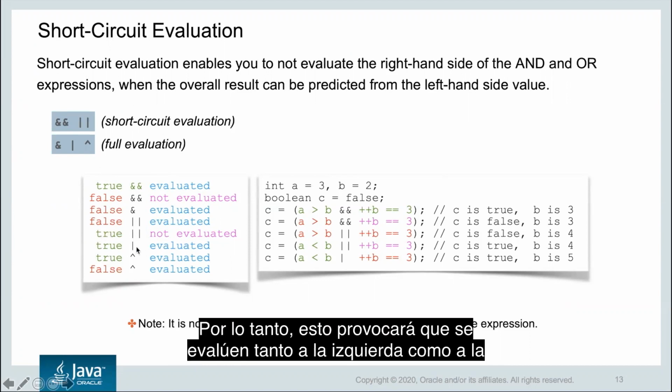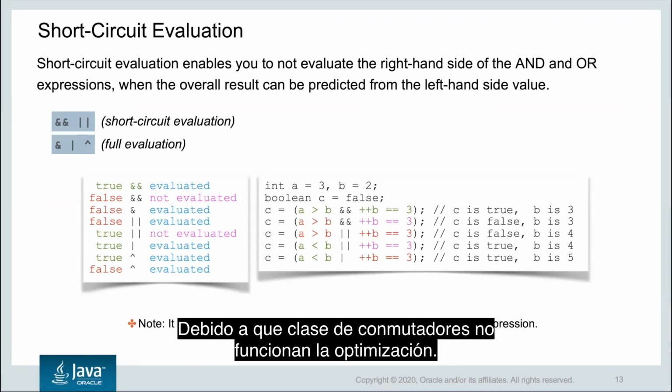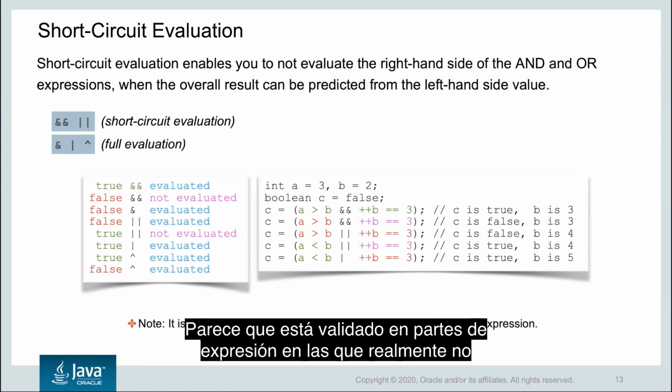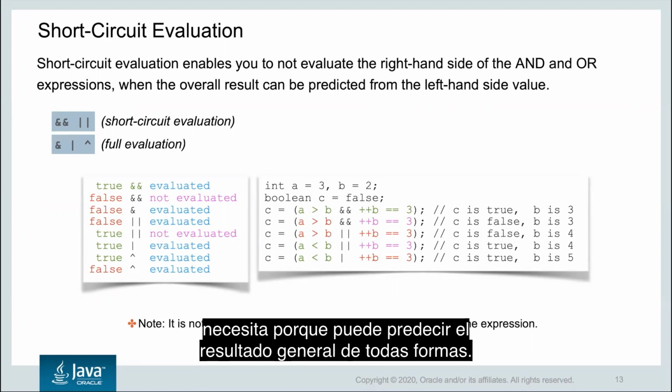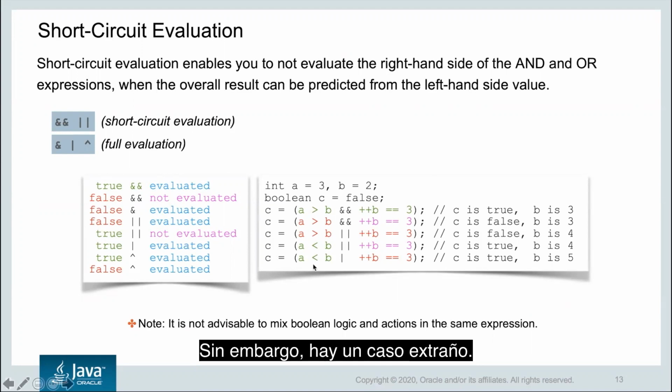So that will cause both parts to be evaluated. It kind of switches off optimization, right? You seem to be doing extra work. You seem to be evaluating parts of the expression where you don't really need to, and generally yes, you probably don't want to do that, but there is a strange case.